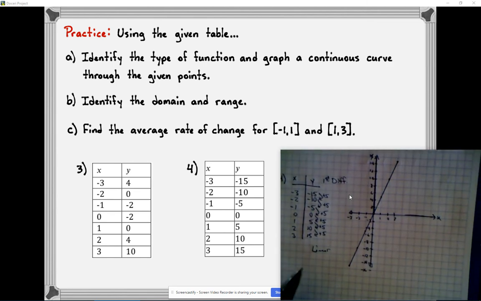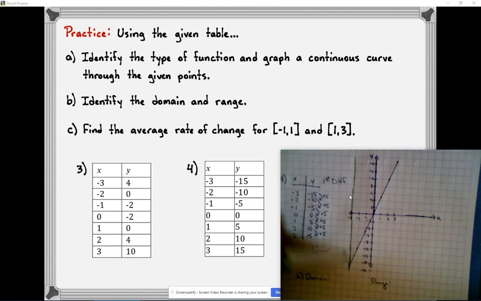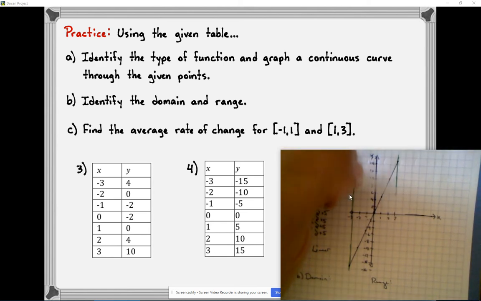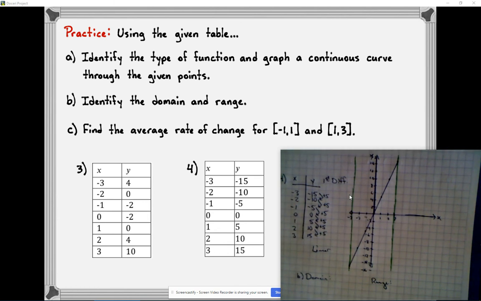There's that. Our domain and our range are going to be based on drawing a box around the figure. So if I were to draw a box that encompasses that whole figure, I'm going to draw this vertical line starting at the left, and this vertical line that ends the box on the right.